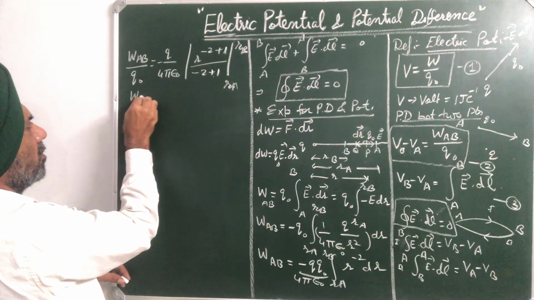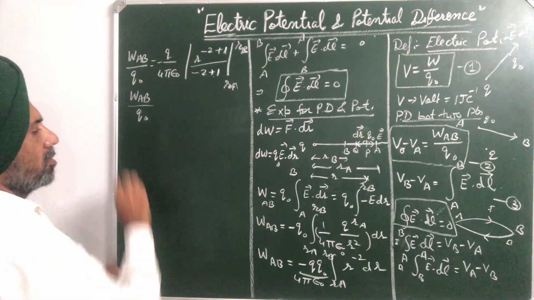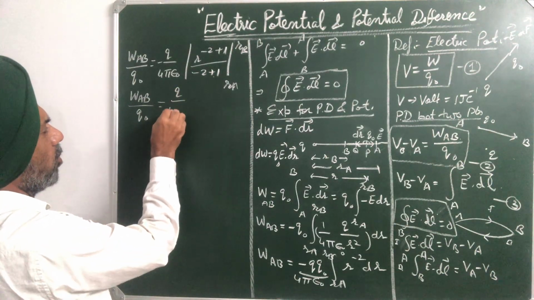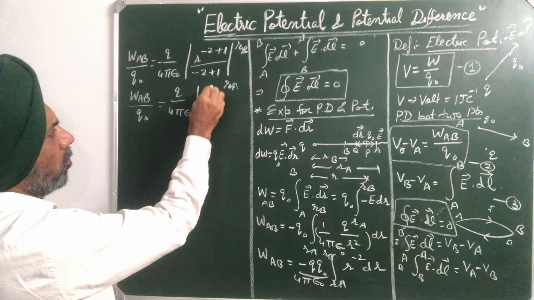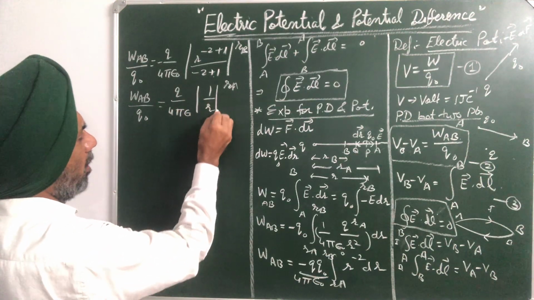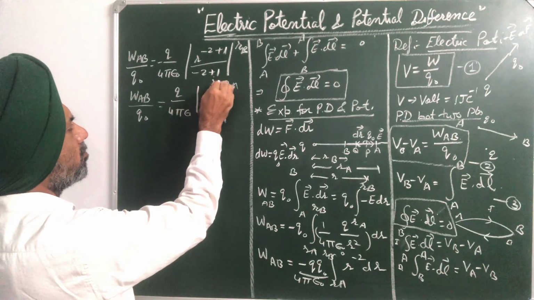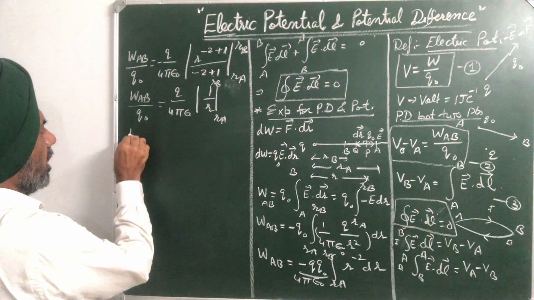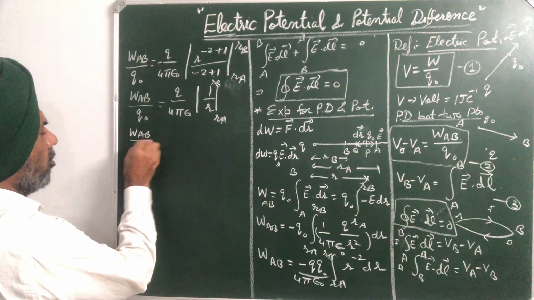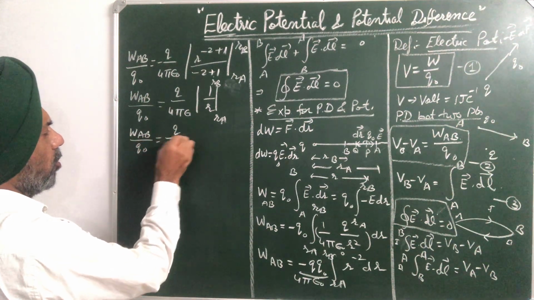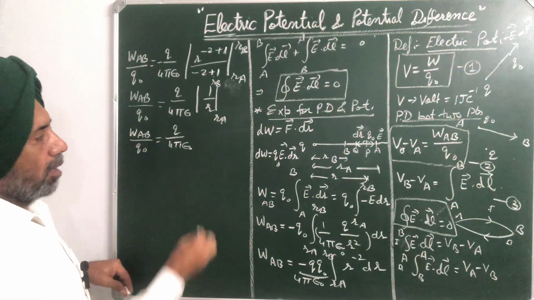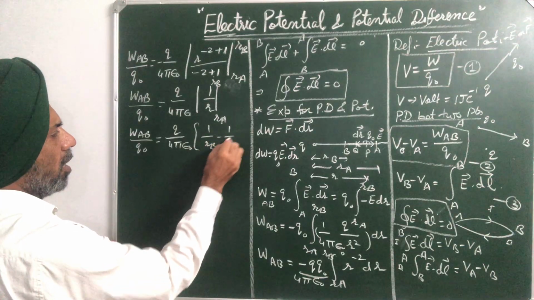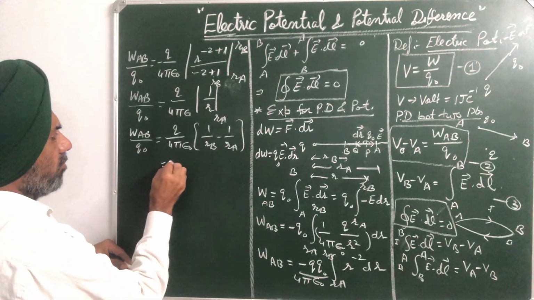So the work done per unit test charge between two points A and B is Q upon 4 pi epsilon naught times 1 by R, with limits RA to RB. Putting the upper limit RB and lower limit RA, W AB over Q naught equals Q upon 4 pi epsilon naught times 1 upon RB minus 1 upon RA, which is nothing but VB minus VA.